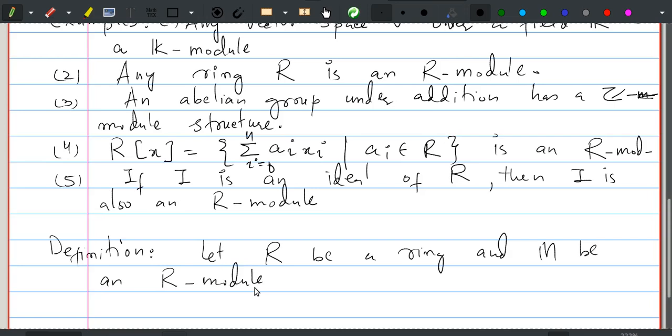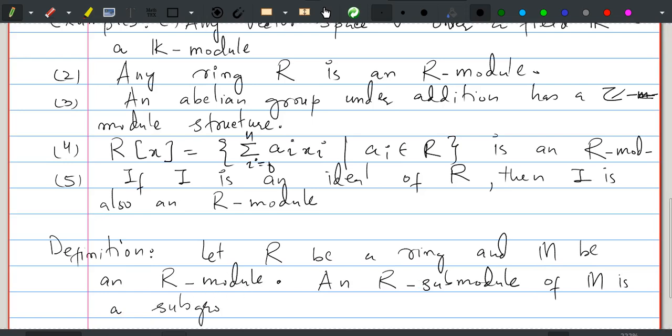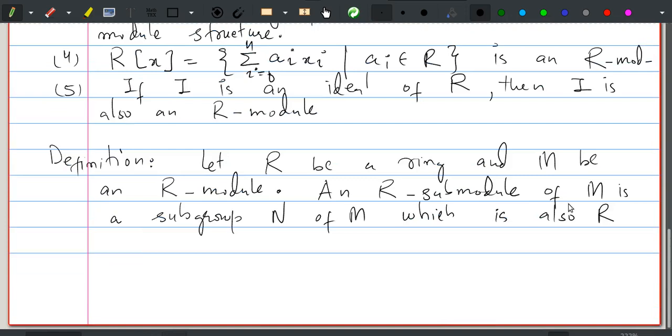An R submodule of M is a subgroup, say N of M, which is also an R module, I mean which satisfies these module actions. So this has to be an R module.